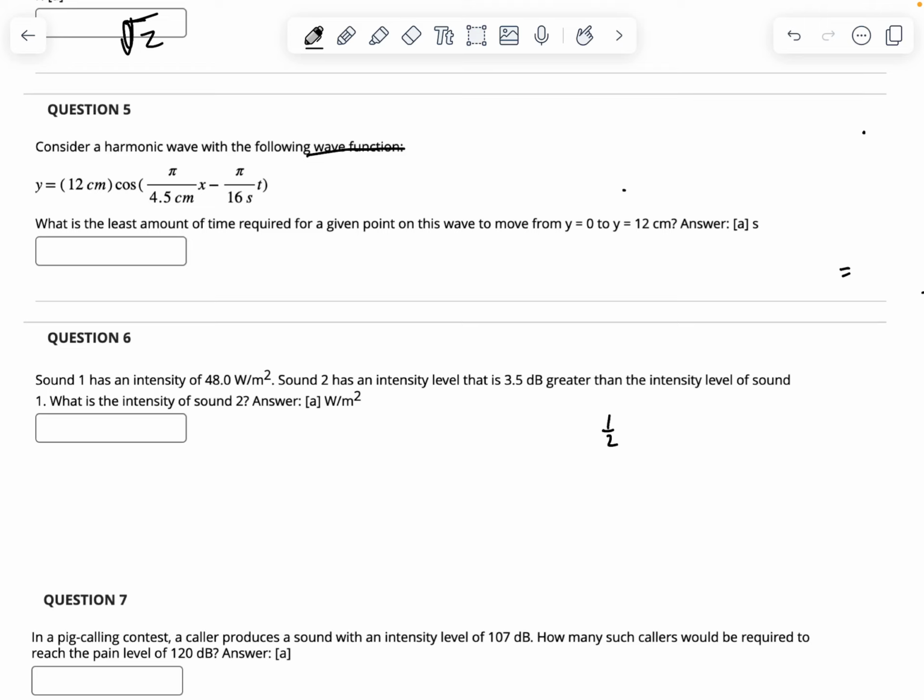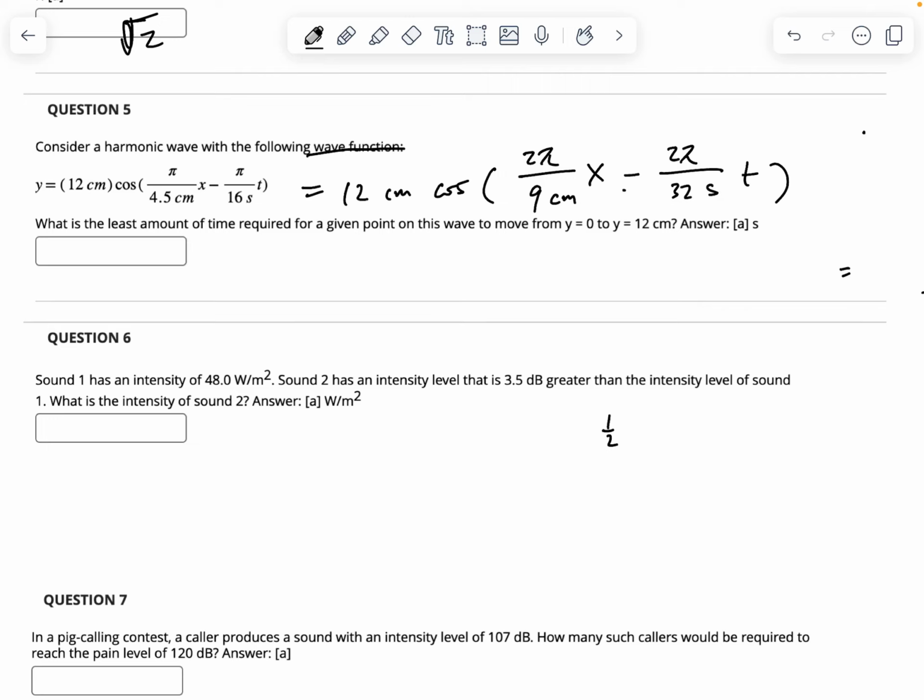Okay, so from this, what do we know? We have to turn that into standard form: 12 centimeter cosine 2 pi over 9 centimeter x minus 2 pi over 32 seconds t.